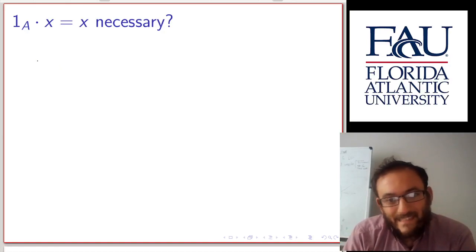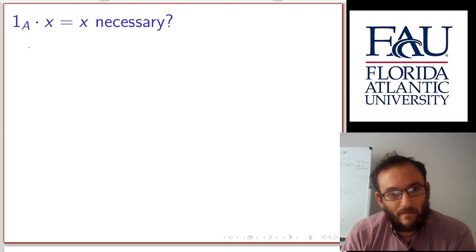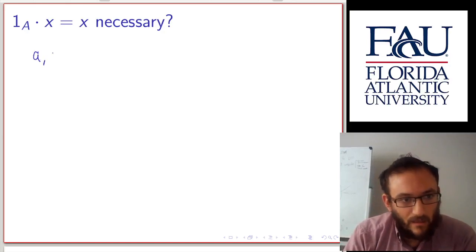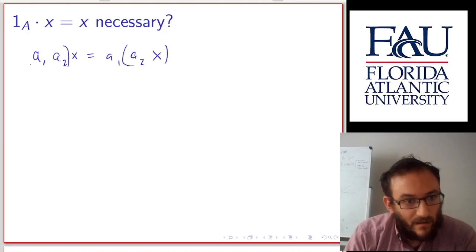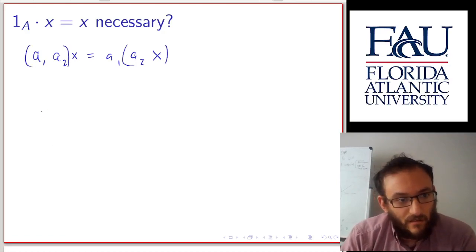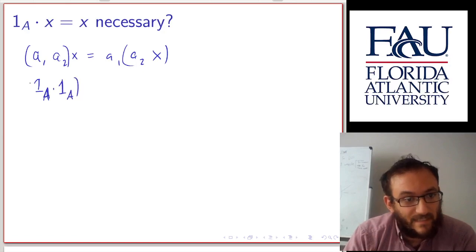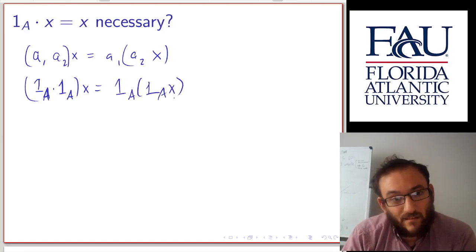And indeed it is. You could have something weird where, let's say, one thing that would have to be, we know that A1, A2x is going to be equal to A1, A2x, where you put parentheses here and here. So in particular, if you have the identity times itself, that's obviously just the identity. So that's going to be the same as the identity acting on x.